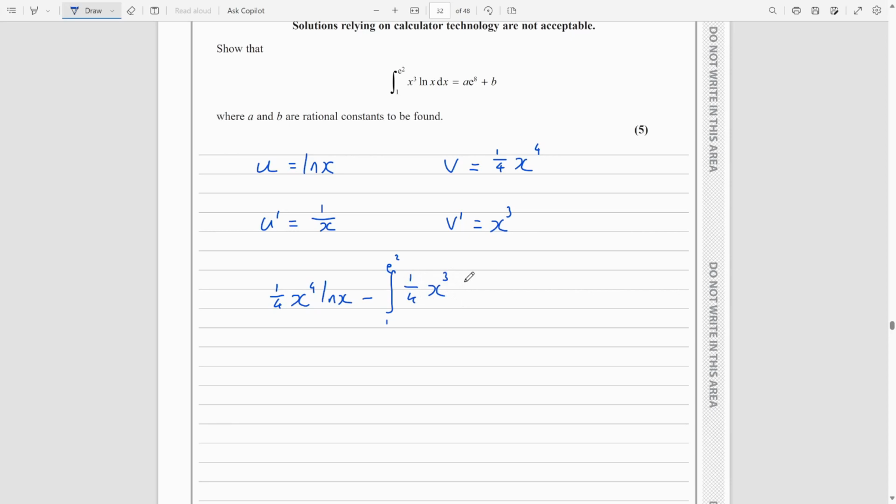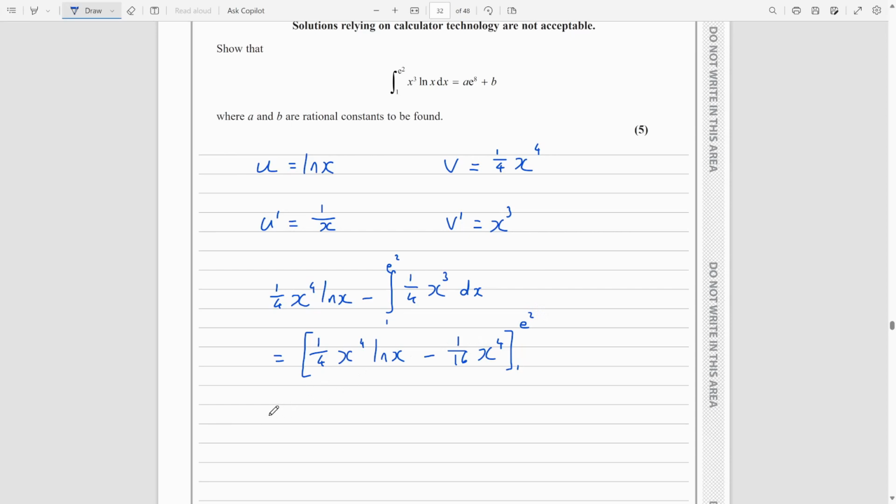And that's why we set our u to be the ln x, because its derivative simplifies nicely when you multiply it by another polynomial. So that's a quarter x to the 4 ln x minus this integral. What is the integral of that? Well, it's going to be 1 over 16 x to the 4. And there's the integral, and I'm just going to evaluate this between 1 and e squared.